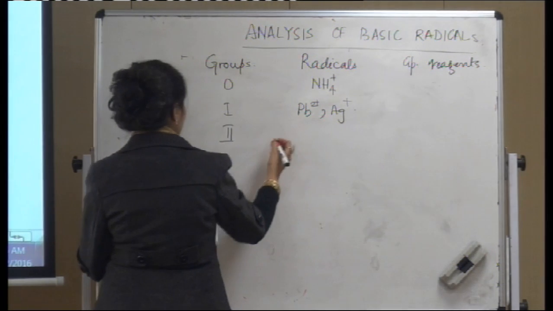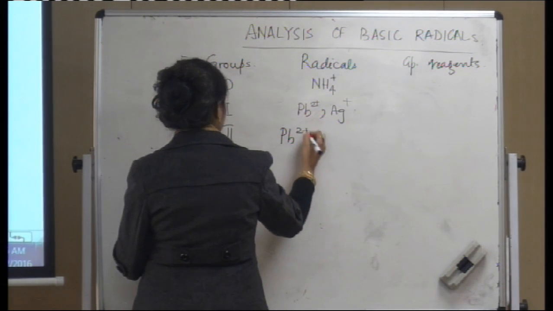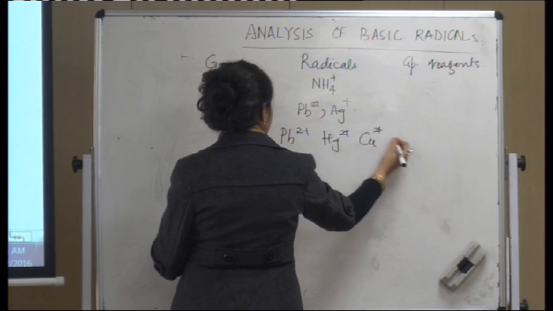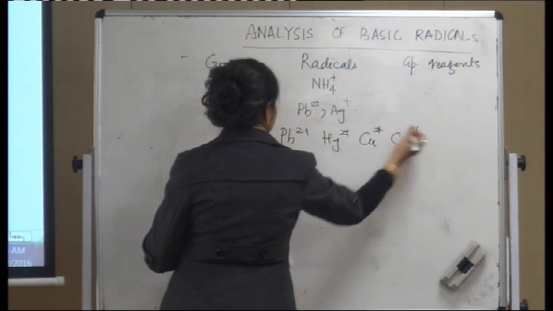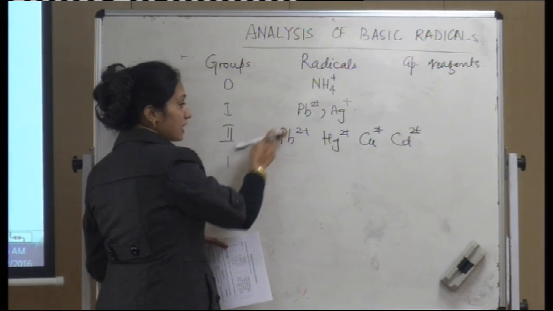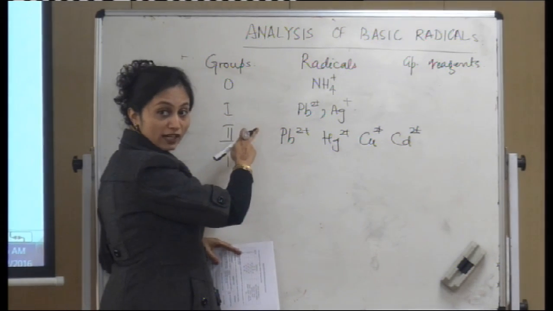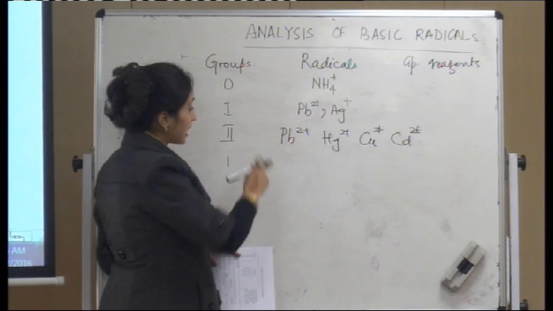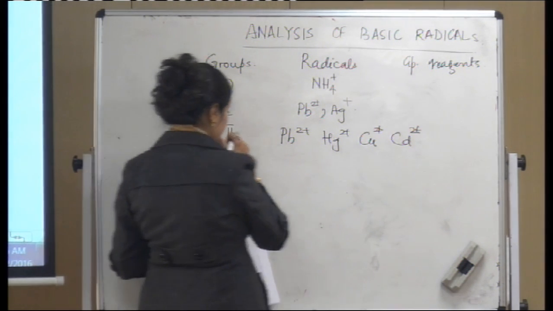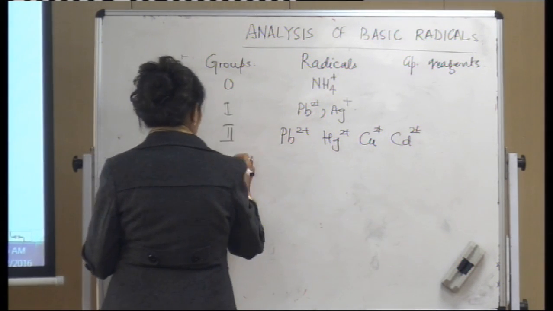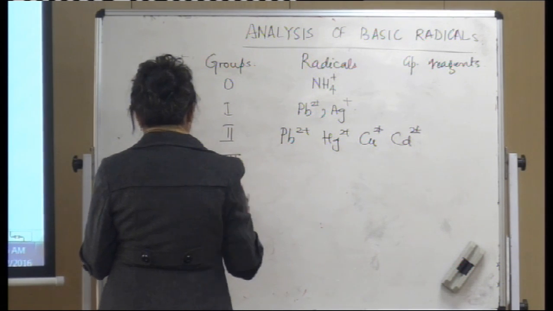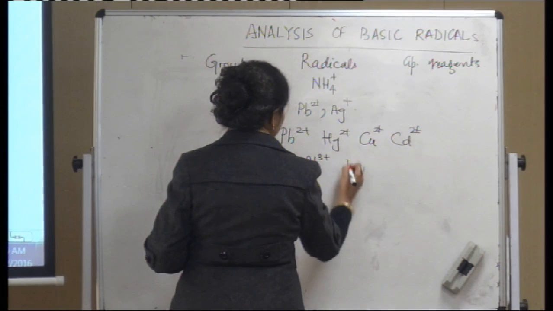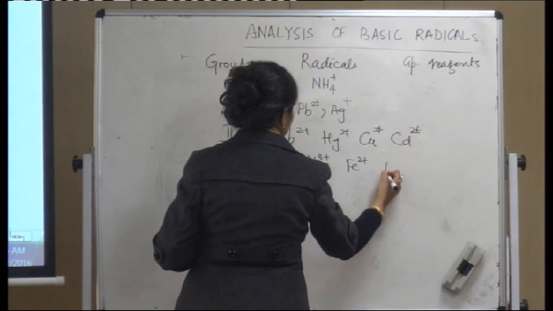Group 2 is your Pb2+, Hg2+, you have Cu2+ and cadmium 2+, because it may sometimes so happen that your Pb2+ may not be precipitated out in group 1, so it again may come out in group 2. That is why we write Pb2+ in group 2 as well. Then in group 3 we generally have Al3+, Fe2+ and Fe3+.